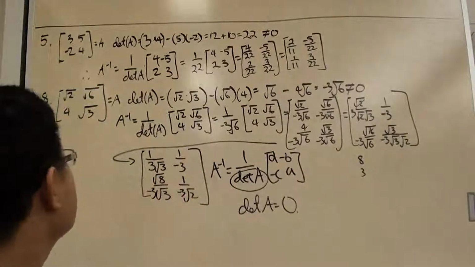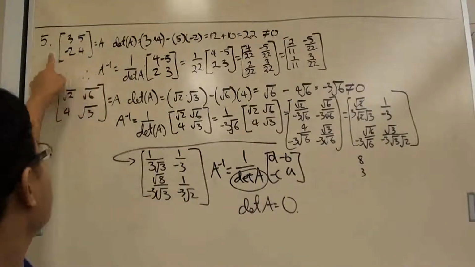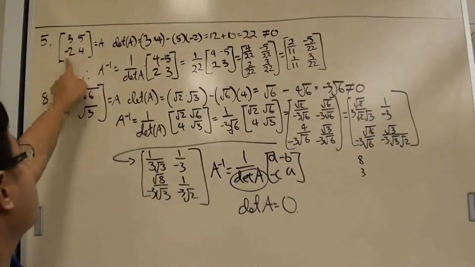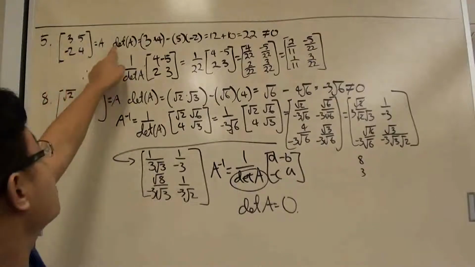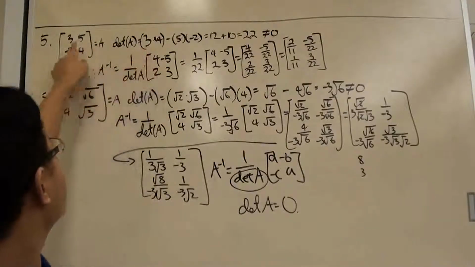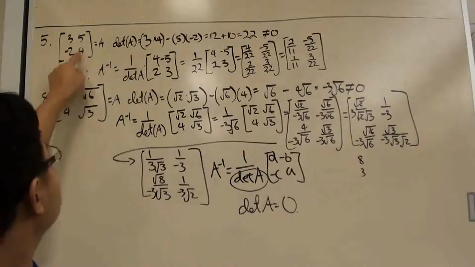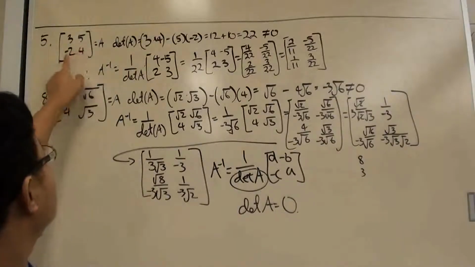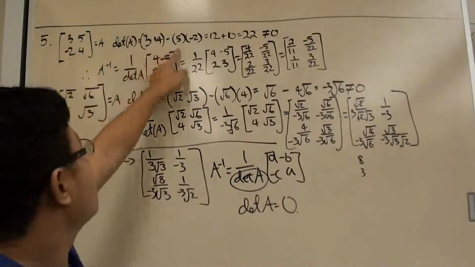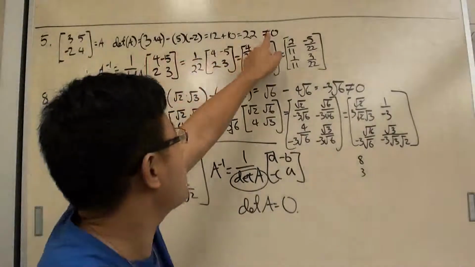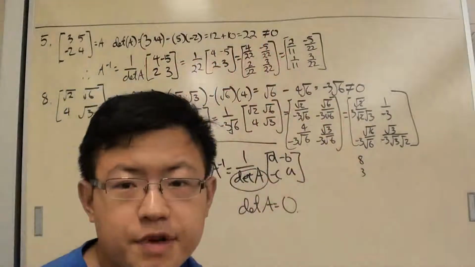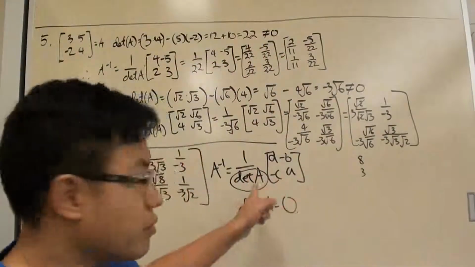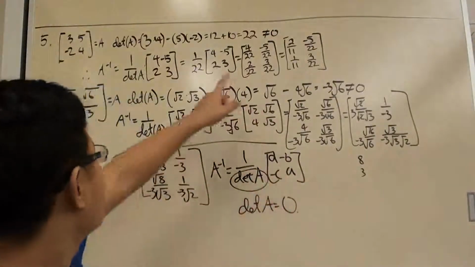So let's take a look here. First one, number 5: 3, 5, negative 2, and 4. The determinant is pretty simple: A times D minus B times C. That gives you 22, which is not equal to 0. This means it's invertible, for the same reason we talked about here. So let's move on.